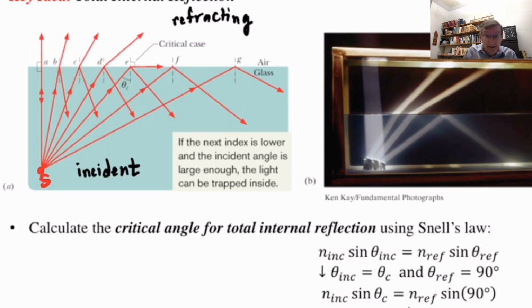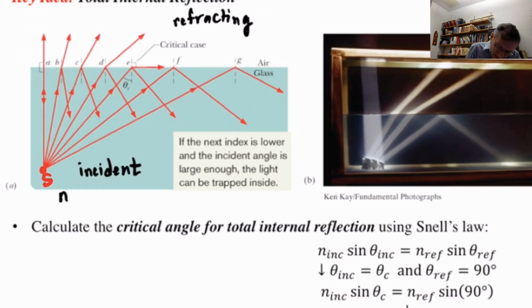But the key thing is that the light is incident on the interface, with the incident side having a larger index of refraction than the refracting side, right? The n of glass is larger than the n of air. I'll write it out explicitly. The index of refraction of glass is larger than the index of refraction of air.